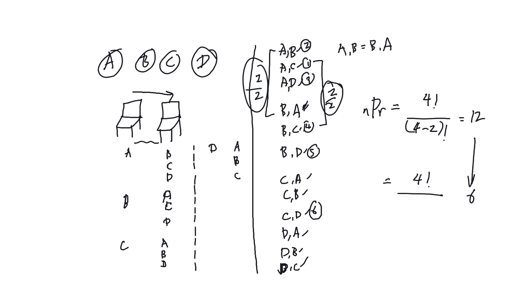In this example, because of 2 chairs, we divide by 2.